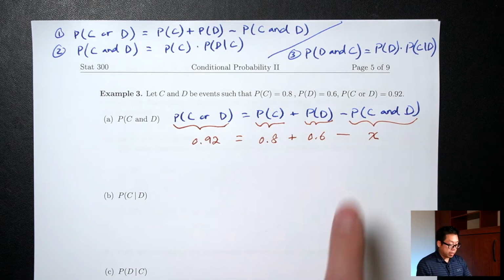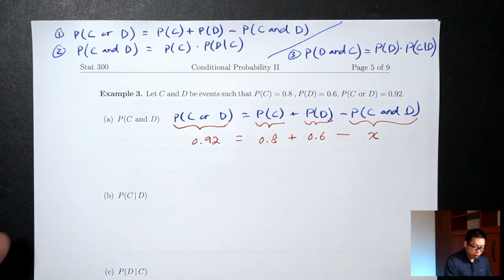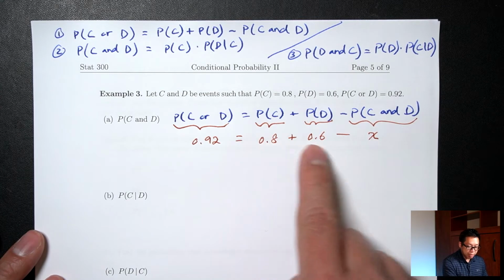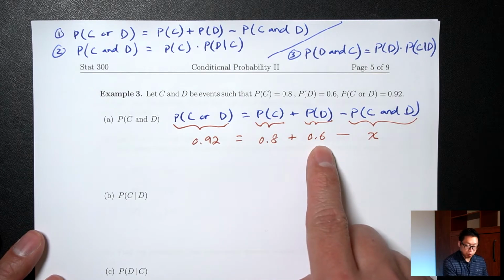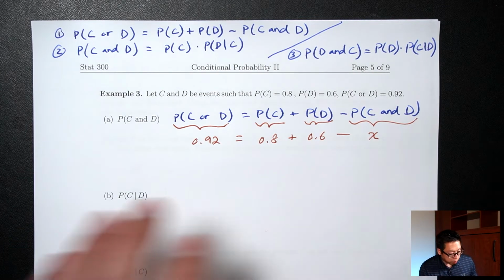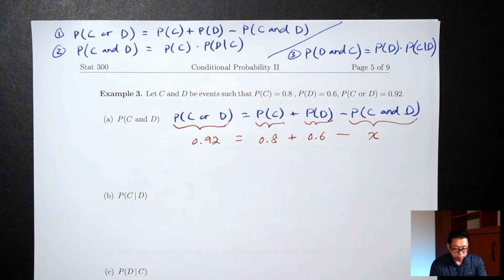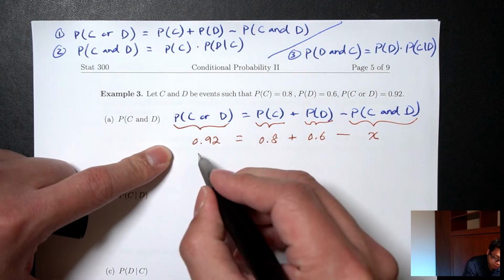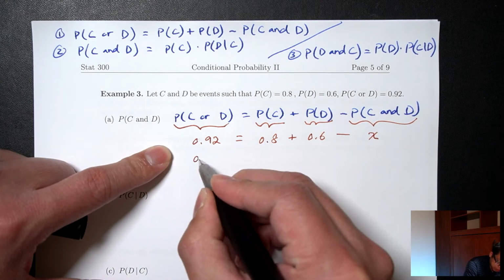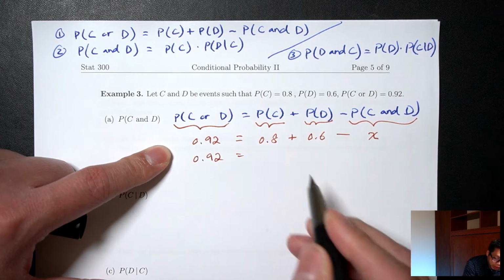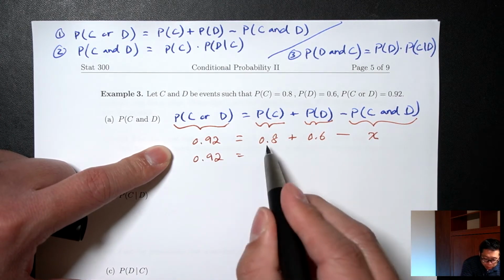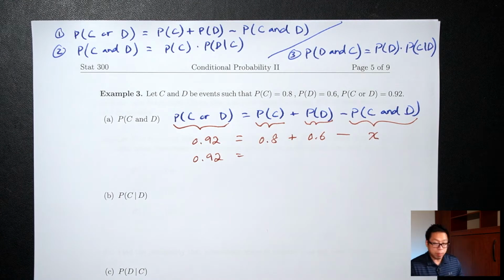And now our job is to get that X by itself. So the X currently has this 0.8 and this 0.6, so I need to actually get rid of those. But first, let me clean up both sides first. Left side is just the 0.92, so I don't need to clean that up. Right side, I can clean it up by just combining those, 0.8 plus 0.6. What's 0.8 plus 0.6? 1.4.